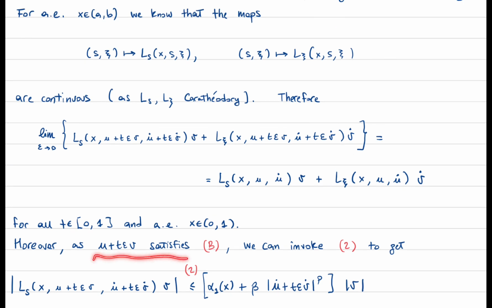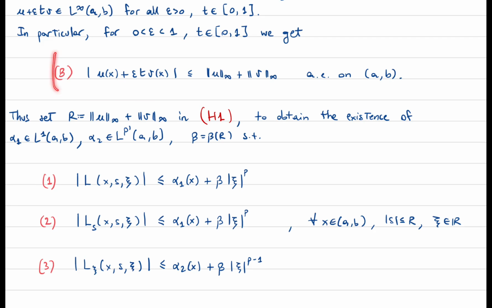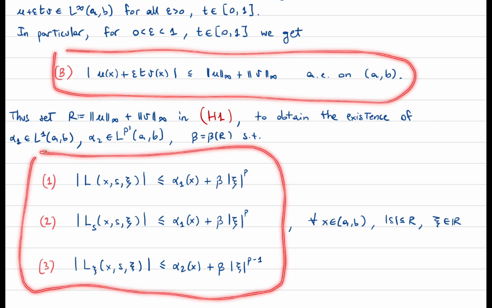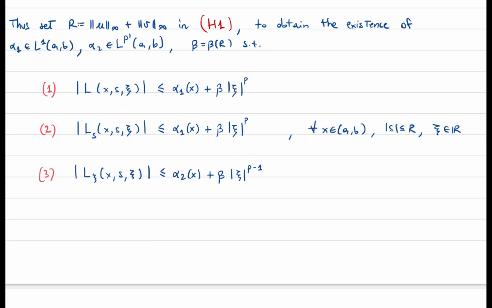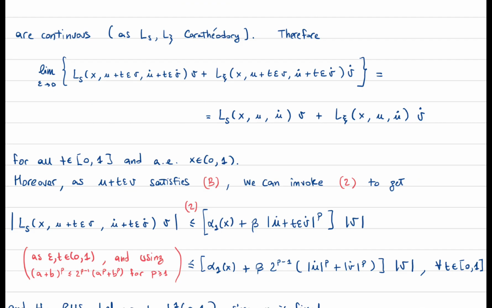Furthermore, because u plus t epsilon v satisfies this bound here, we can apply these three estimates to the point x, u, and u dot.